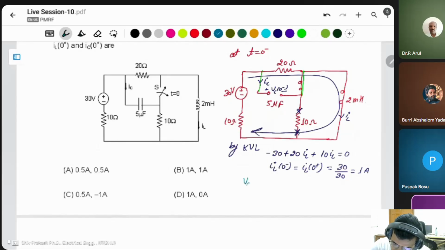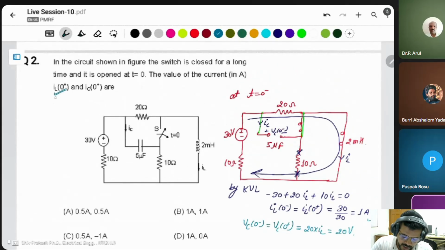VC(0 minus) equals VC(0 plus), because the voltage does not change suddenly in a capacitor. This is the voltage drop across the 20 ohm resistor, 20 ohm into IL. IL is 1 ampere, so this will be 20 volt. We found IL: it will be 1 ampere initially.